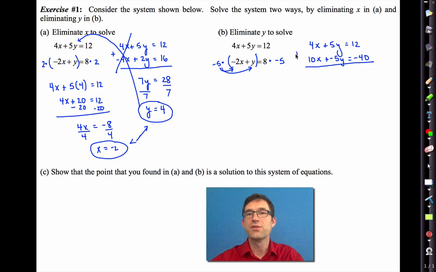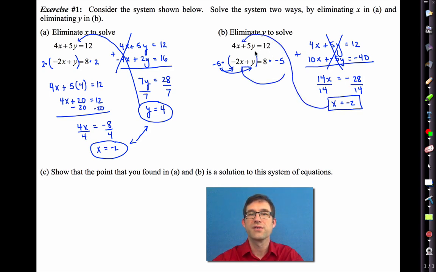When we add these two together, these eliminate, and we end up having 14x is equal to negative 28. Divide both sides by 14. And of course, negative 28 divided by positive 14 is a negative 2. I would then substitute that negative 2 into here or here and solve for y.